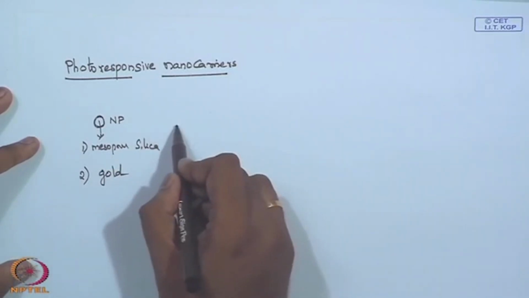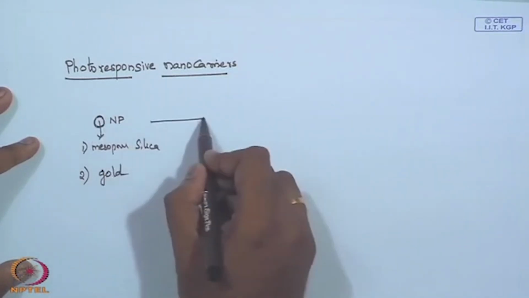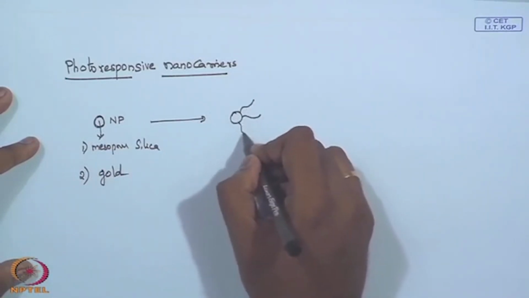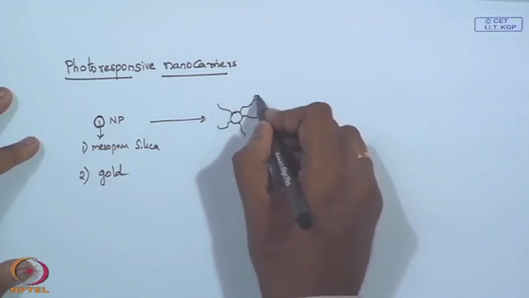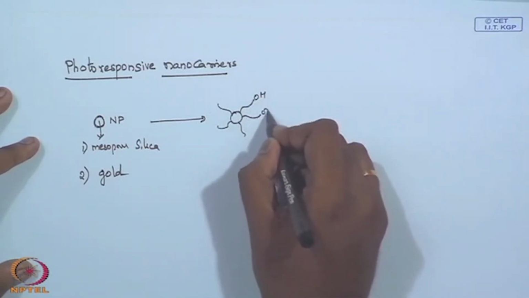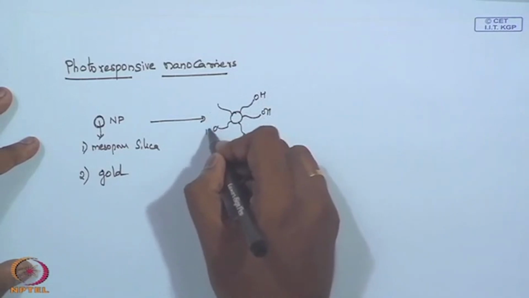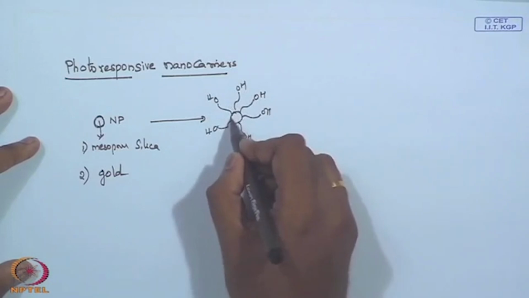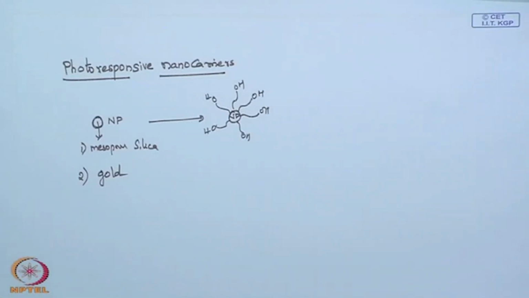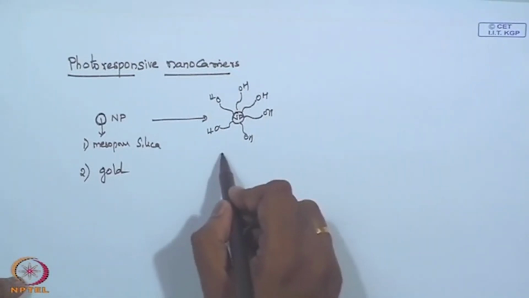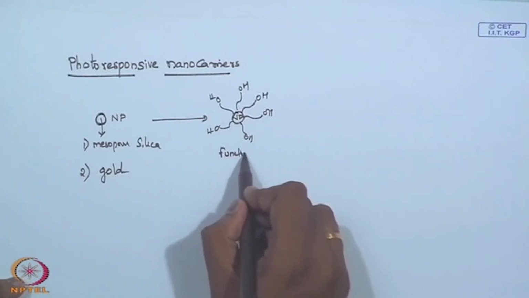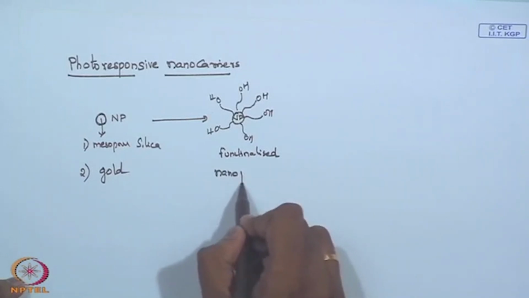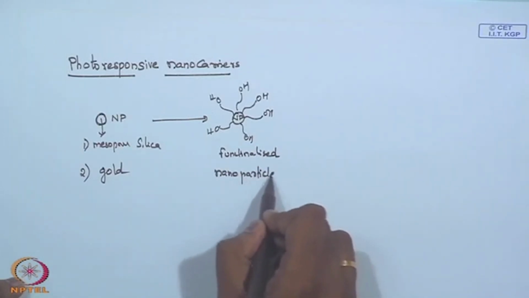Now you take your nanoparticle and functionalize it, so that in the end you have some groups like OH or whatever you want. So you will have a functionalized nanoparticle. Why am I saying this?